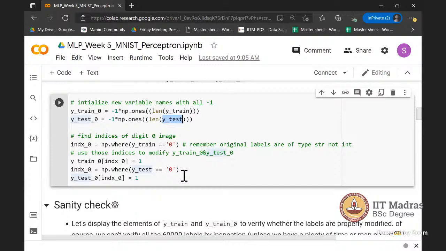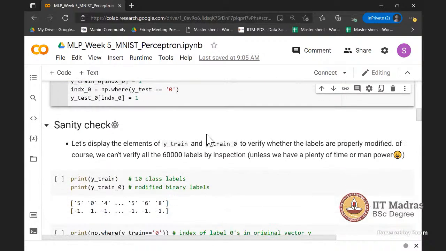After that, this piece of code looks at all the indices where 0 is present, records them into the index_0 variable, and later assigns them 1. And similarly for ytest0. I hope that is clear. Yes, sir. Okay, let's move on.